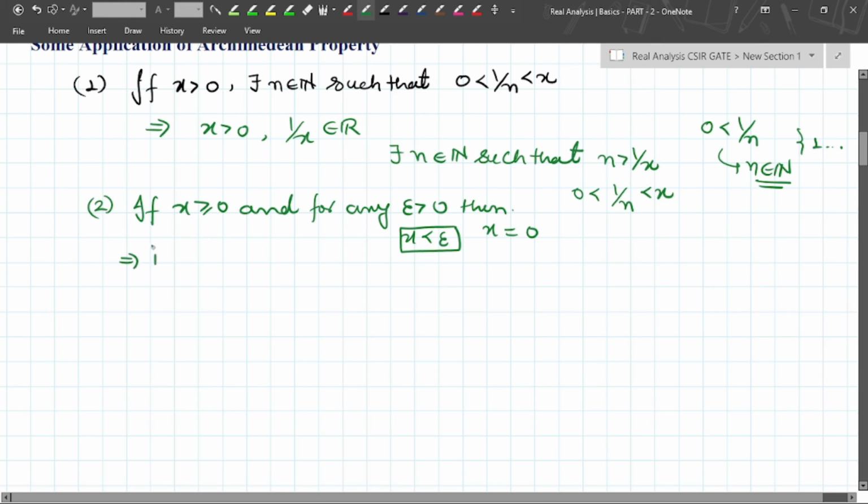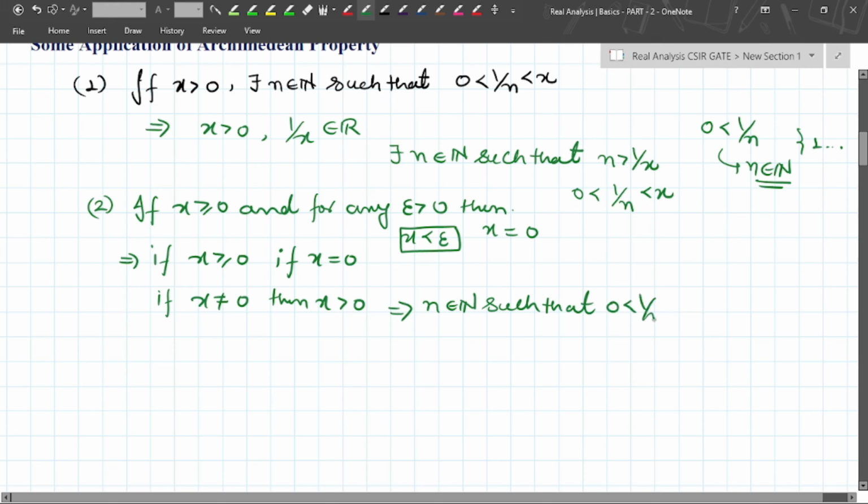If x is not equal to 0, then it means that x is greater than 0, and it implies that there exists n belonging to the natural numbers such that 0 is less than 1 by n, that we have already proved.